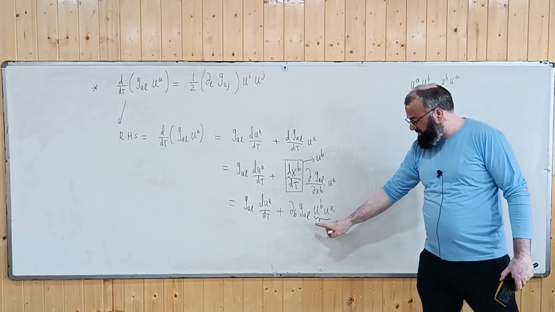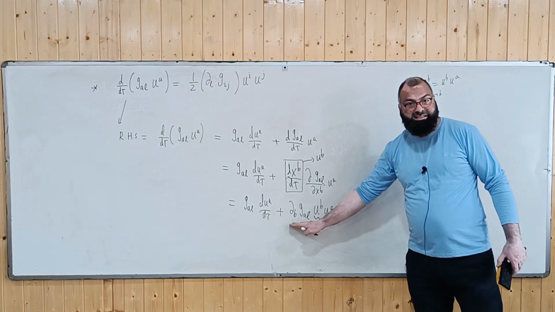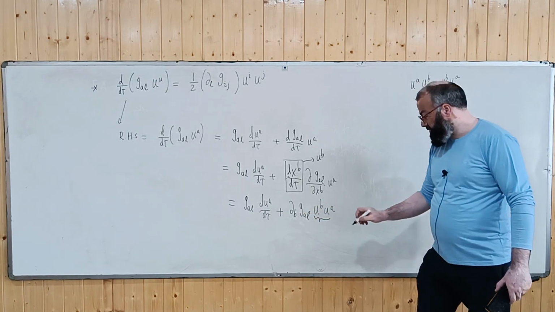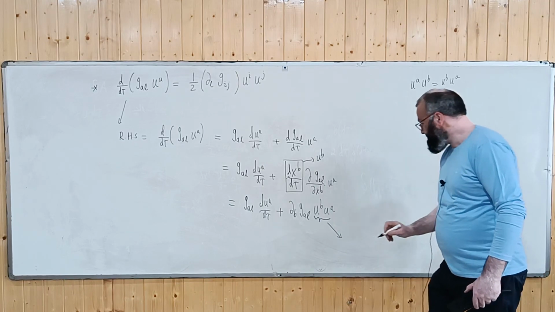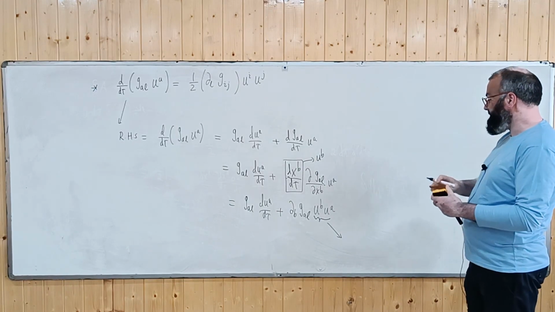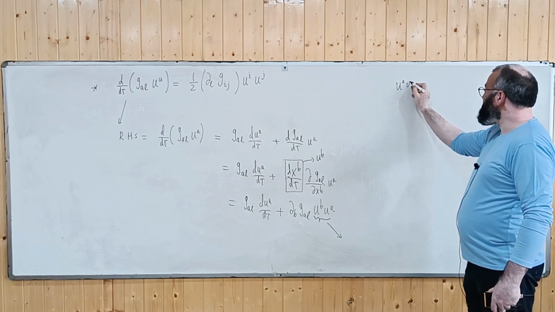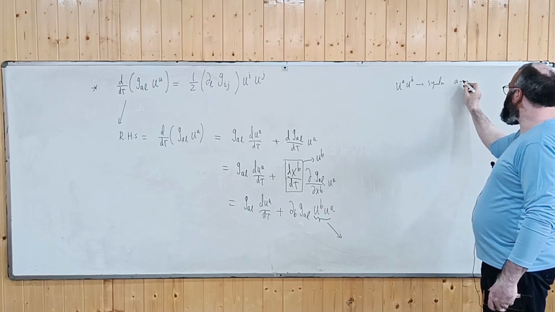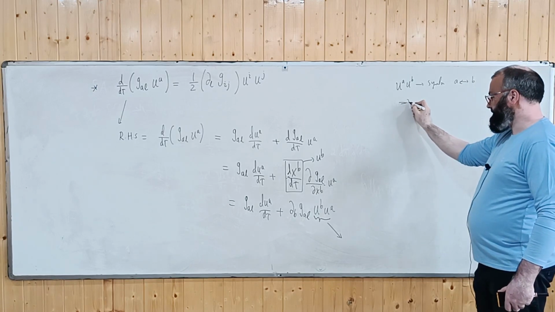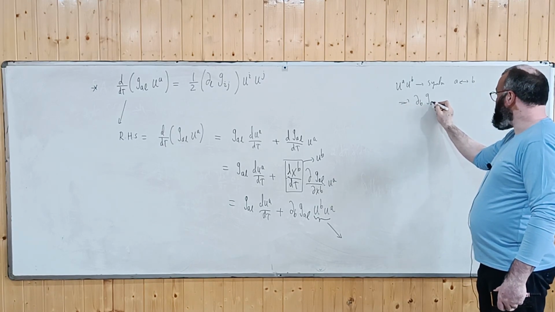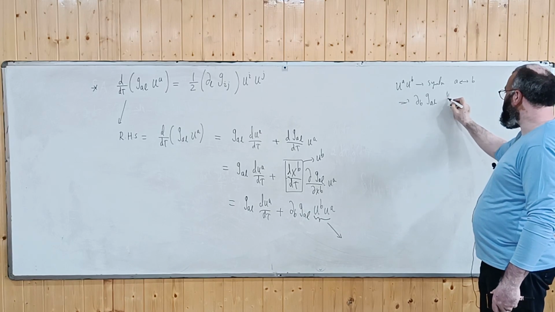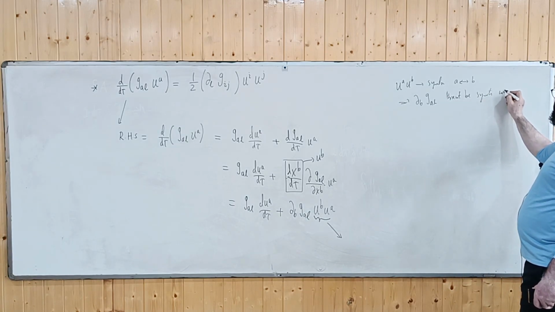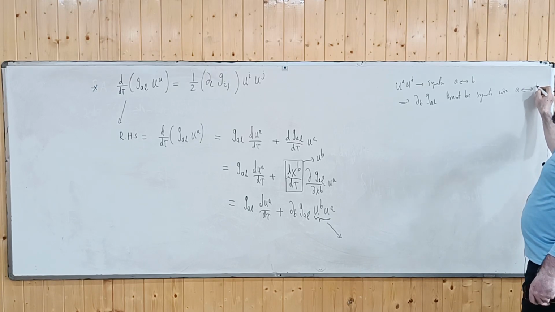When this object is symmetric, it means this must be symmetric in the indices B and A. Let me write for you: u^A u^B is symmetric under interchange of A and B, which implies this ∂_B g_AL must be symmetric under AB exchange.